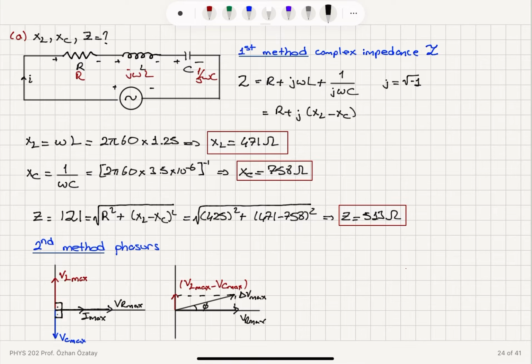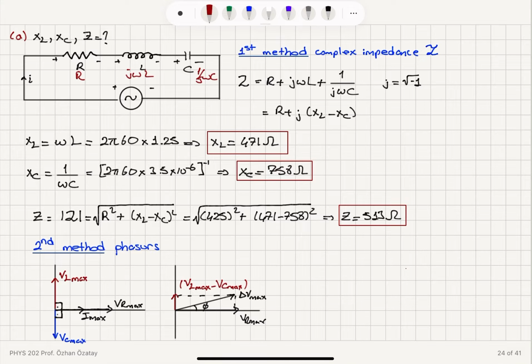So it's going to be sine of omega t minus phi, but t is 0, so it's just minus phi. So it's lagging this voltage phasor by an angle phi. Okay, the same analysis shows me the magnitude from this phasor. I can read delta V max squared is (VL max minus VC max) squared plus VR max squared, which will give me exactly the same result for the impedance.